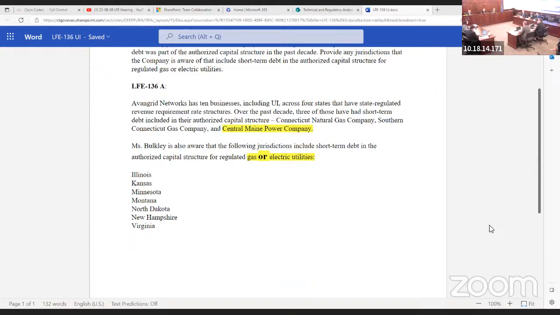Has the company experienced a rate case with Central Maine Power recently or in the last year? We filed... Mr. Donnelly, maybe you're going to speak. Just to let you know, we're in the middle of an ongoing rate case now, as we filed back in August of 2022, continuing to work through that process.